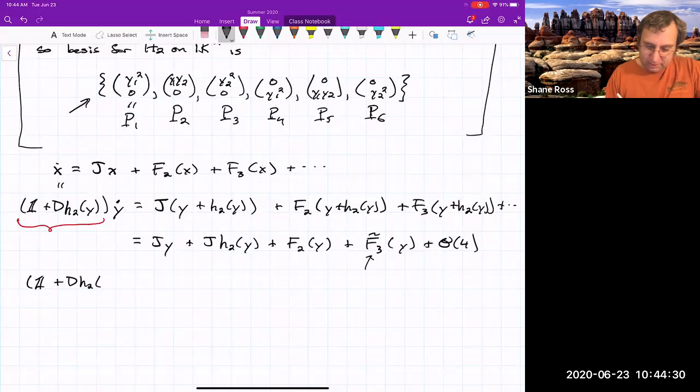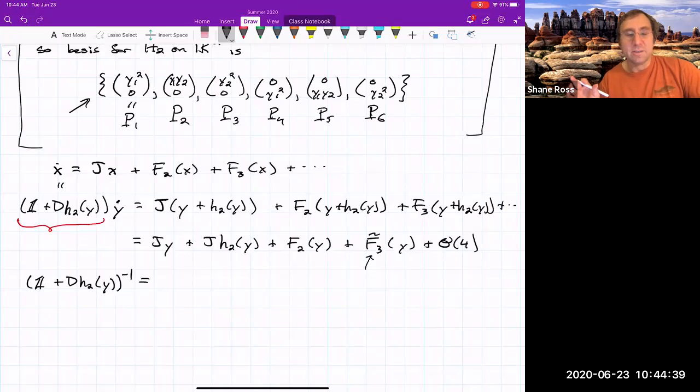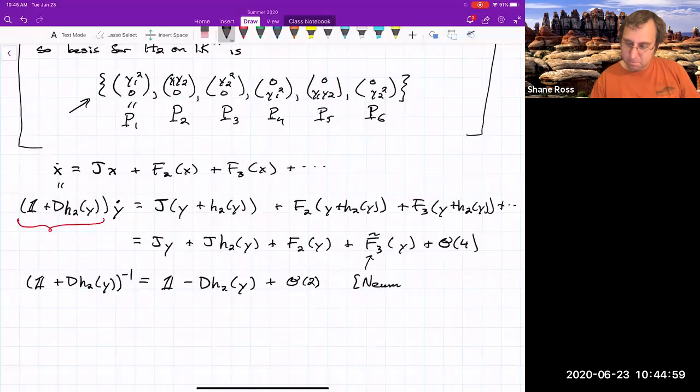When you have the identity matrix plus a matrix that is small, which we do have because we're assuming we're right next to the origin, so x is small and therefore y is small as well, this becomes the identity minus, it looks exactly like it does for the scalar case, plus terms of order 2 and higher. I think because it's a matrix, it's not called a Taylor series. I think it's called a Neumann series.